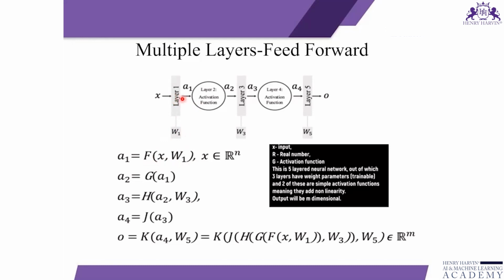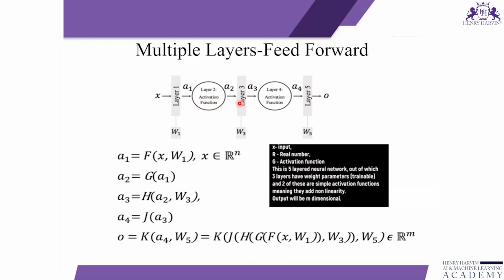Now in the second layer, we have an activation function. Let's call this activation function g. Here there are no weight parameters. It simply takes the output of the previous layer, and then it is giving another output as A2. Similarly, now we have the output A2 of the second layer.